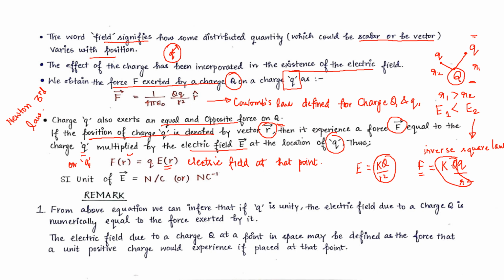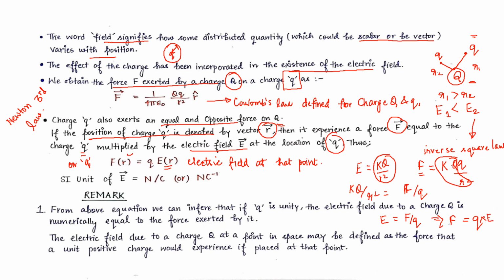The value of K Q upon R square will be force upon q. So, electric field equals force upon q, and from here the force is given as force equals charge into electric field.